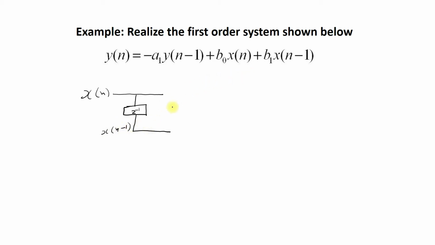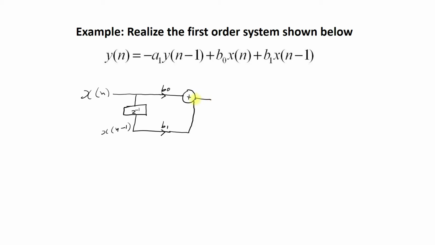Now this x of n minus 1 is multiplied with a constant b1. Now x of n is multiplied with a constant b0, which we can provide here. Now the sum of the two will give you the input side.